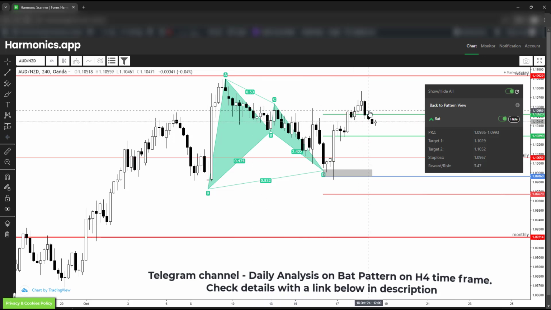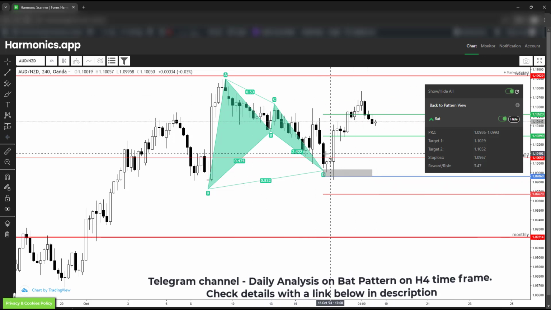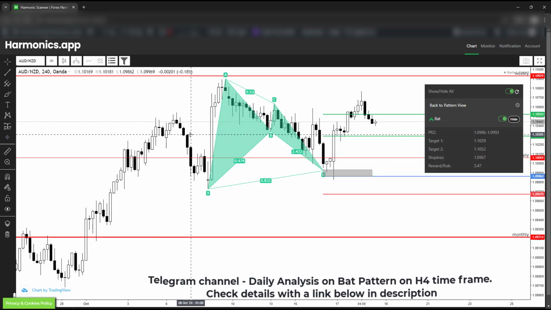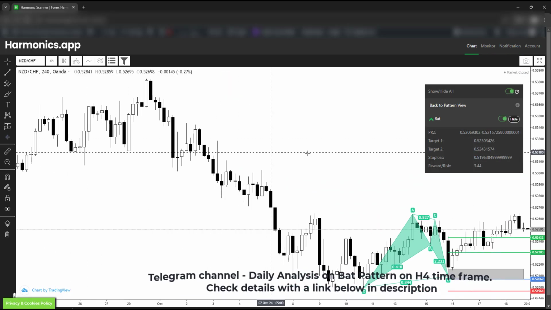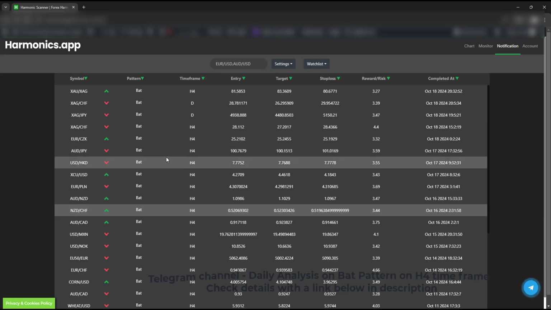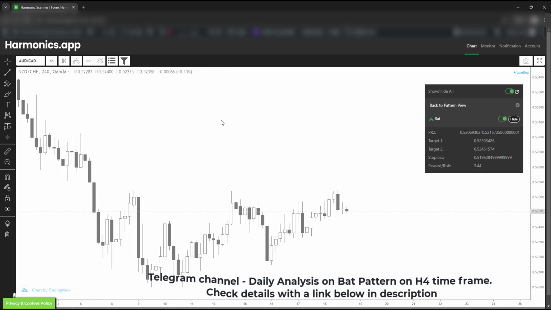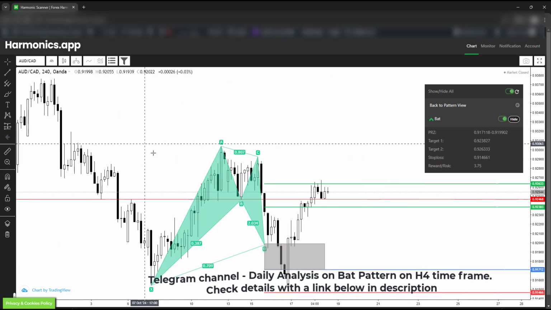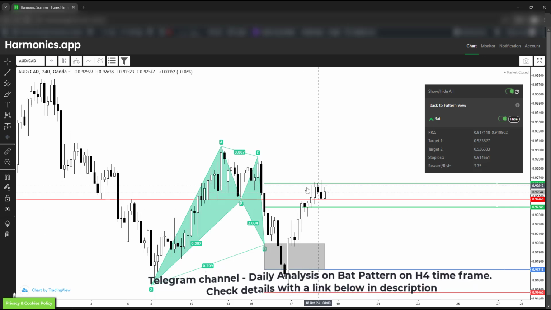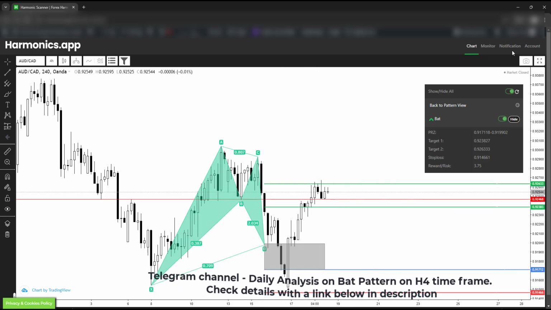This one is also moving sideways, not very good, even though this one is a successful one. Let's check this one, moving sideways, not very good. Let's check this one, it is moving up and then down, moving up. We can see that it's not a very clear trend, but it was a successful one.